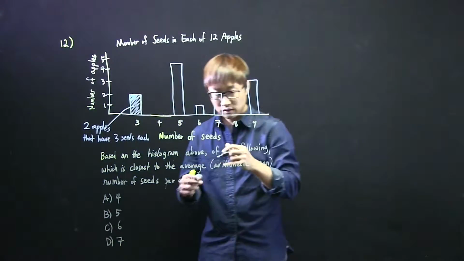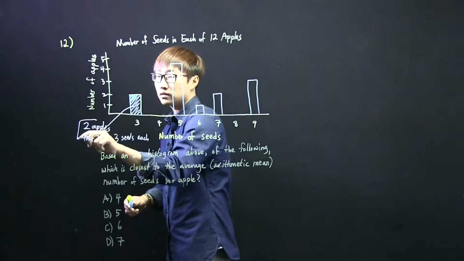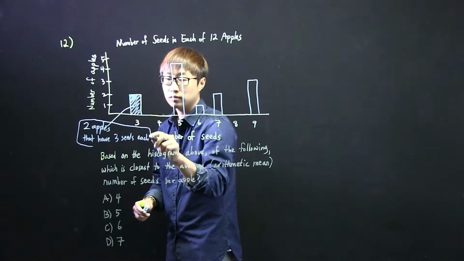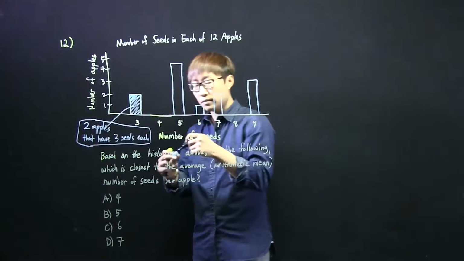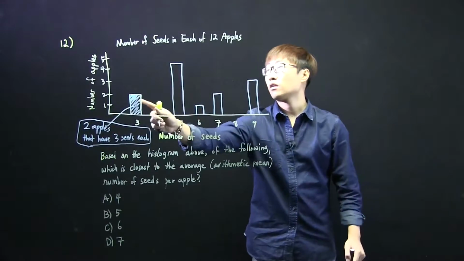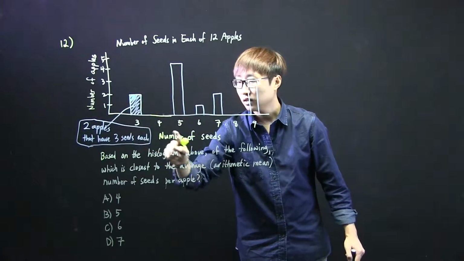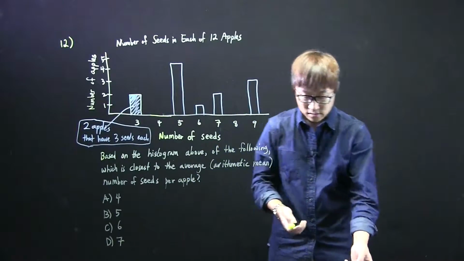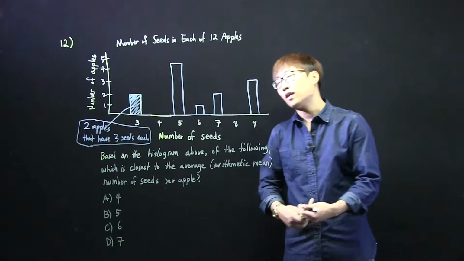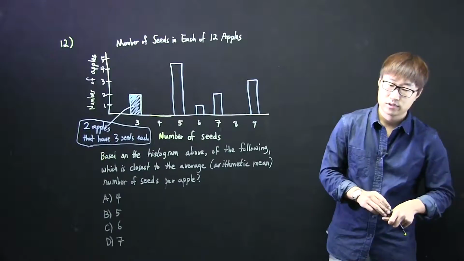Does that make sense? So that's how you read this diagram. A lot of people get confused when it comes to this diagram. That's all that means. That column means there are 2 apples that have 3 seeds.